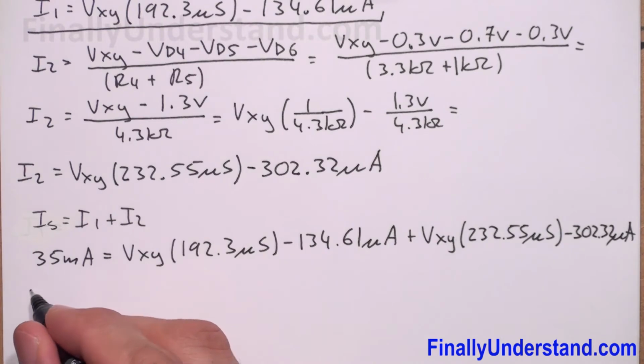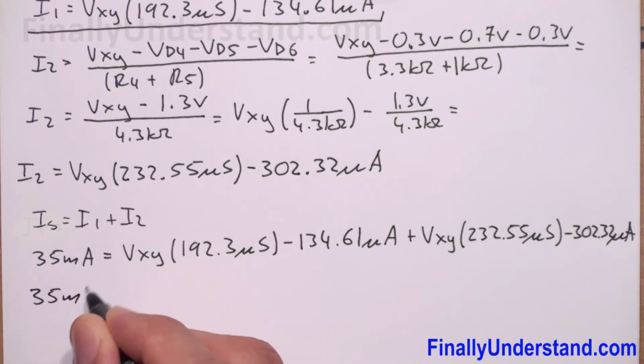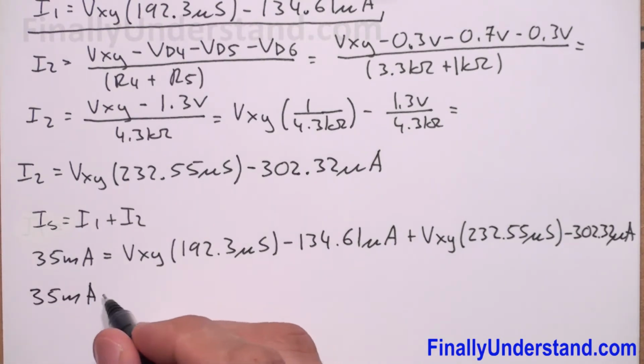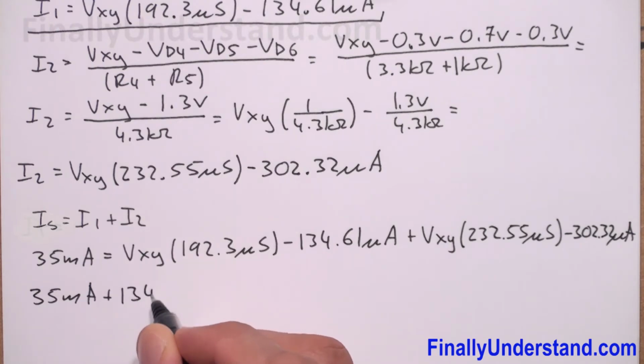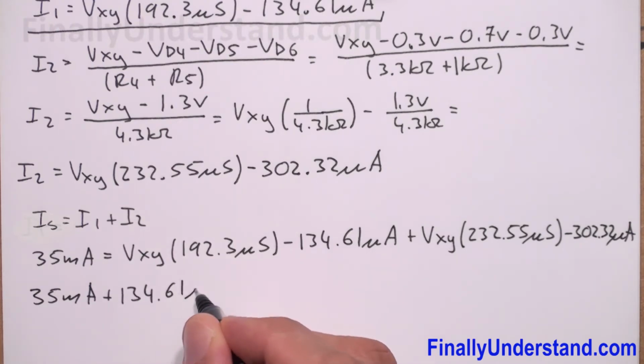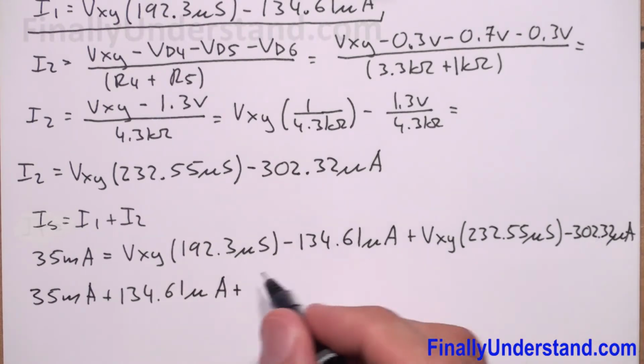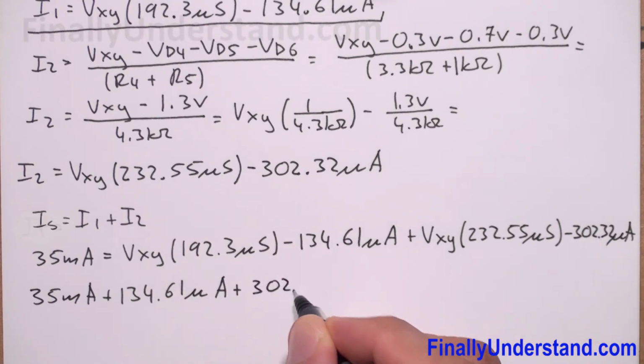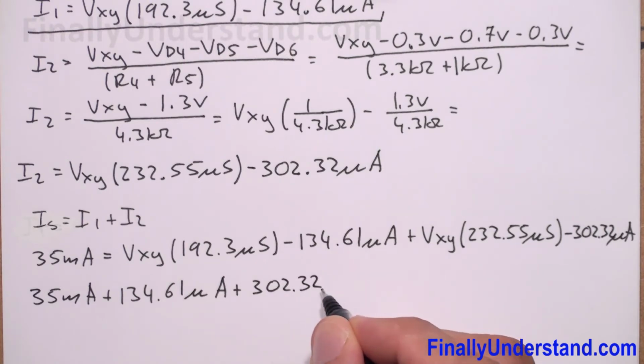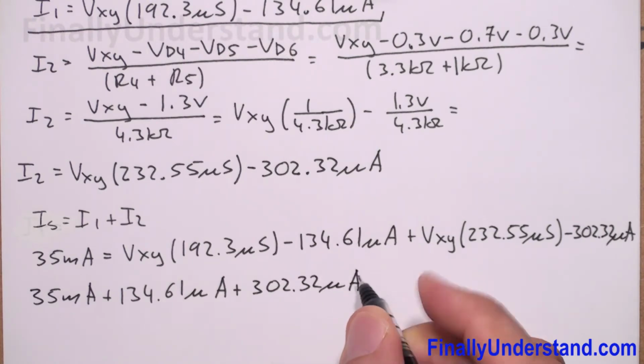So I have 35 milliamps plus 134.61 microamps plus 302.32 microamps.